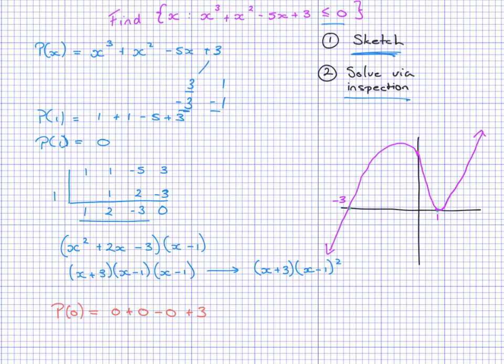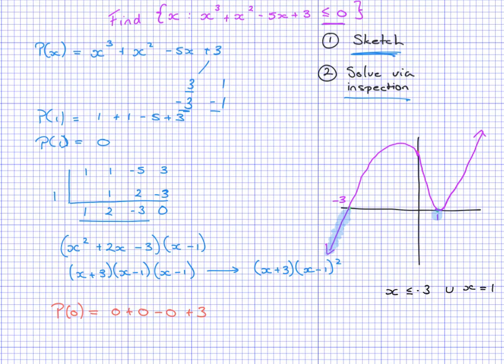I need to know where the polynomial is less than or equal to 0. And I can see from inspection that it's less than 0 out here. It's equal to 0 here. All right, so to write my solution, I can see that x has to be less than minus 3 combined with x equals 1. All right, so it's really important at this point that we translate this into proper notation.